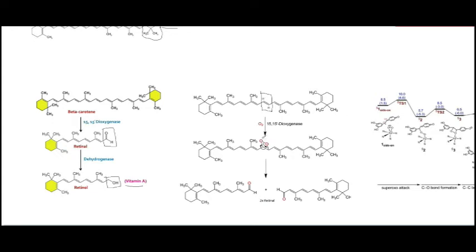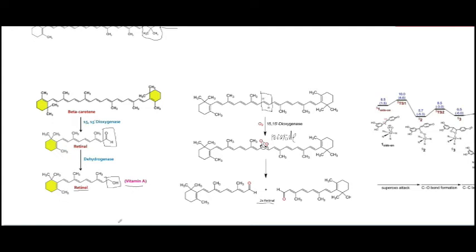So an oxygen single bond to an oxygen is called a peroxide. So you will also see this sometimes called 15-15 prime peroxidase. And so we form that, which then allows the breakage of these bonds. And from one beta-carotene, we form two retinals, which can then both be used to form vitamin A.